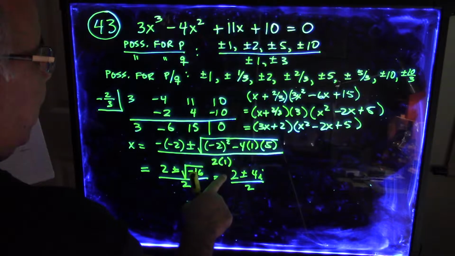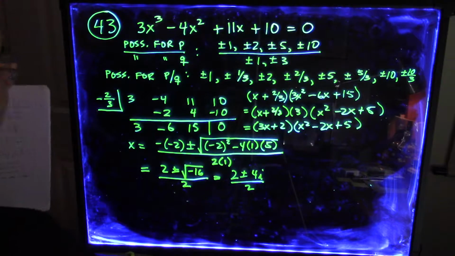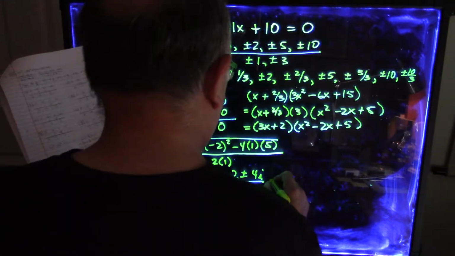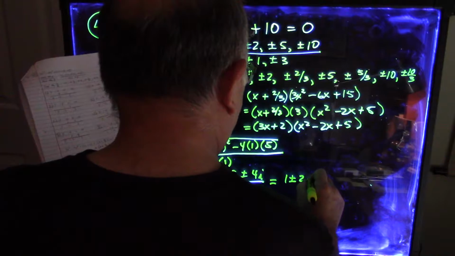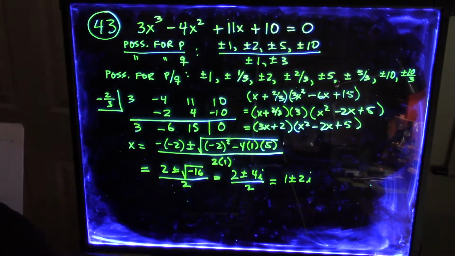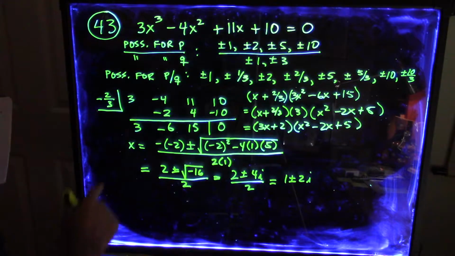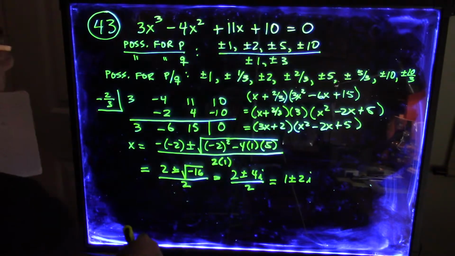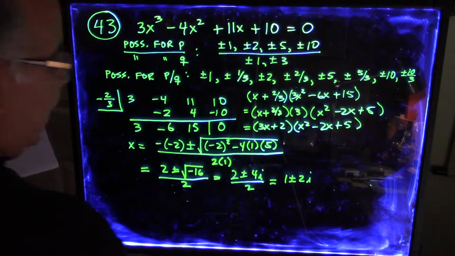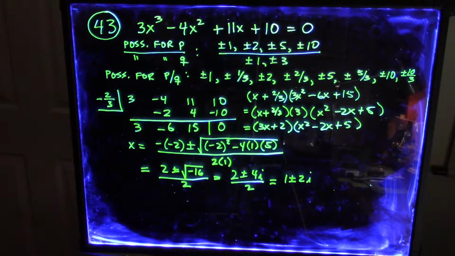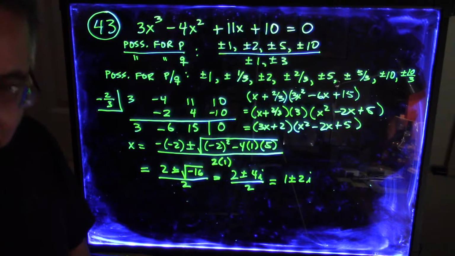Cancel the 2 down here with a 2 up there, and then that leaves you with 1 plus or minus 2i. I will leave the details to you, which by now should be pretty automatic for you. So we've got a root negative 2/3, and we've got 1 plus 2i and 1 minus 2i. So negative 2/3, 1 plus 2i, 1 minus 2i.